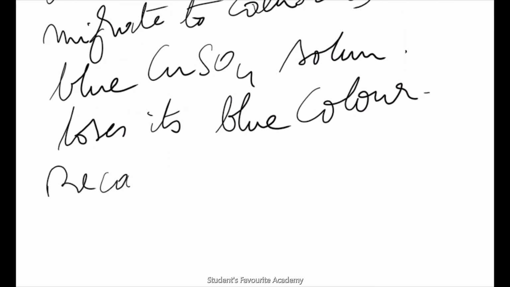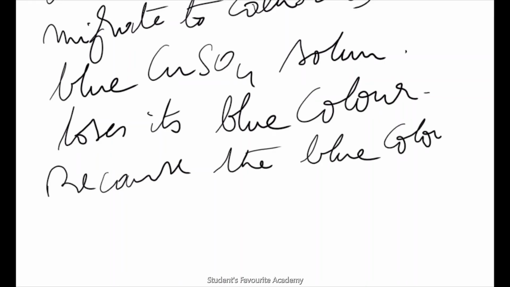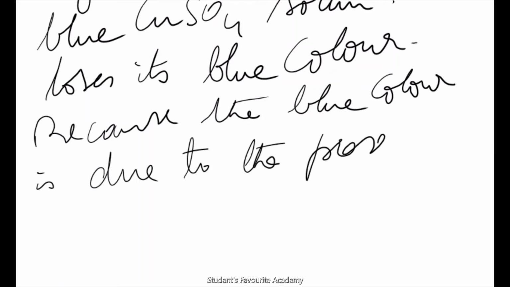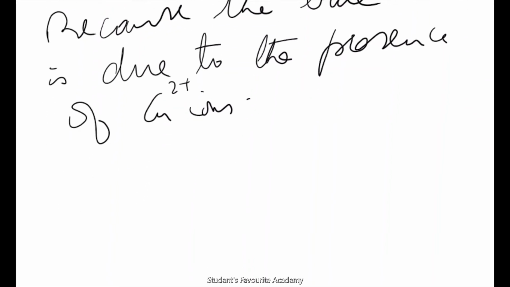Because the blue color is due to the presence of copper ions, Cu2 plus ions. So when all the copper ions migrate to the cathode, the solution becomes colorless. Okay, so that indicates that all copper ions are finished. This is an important observation which is often asked.